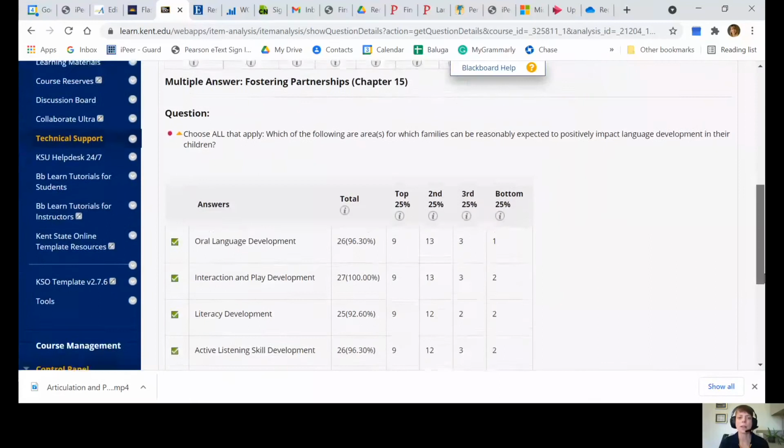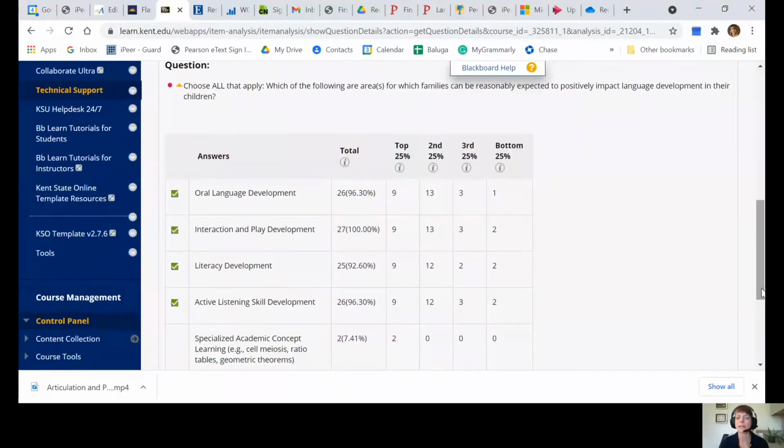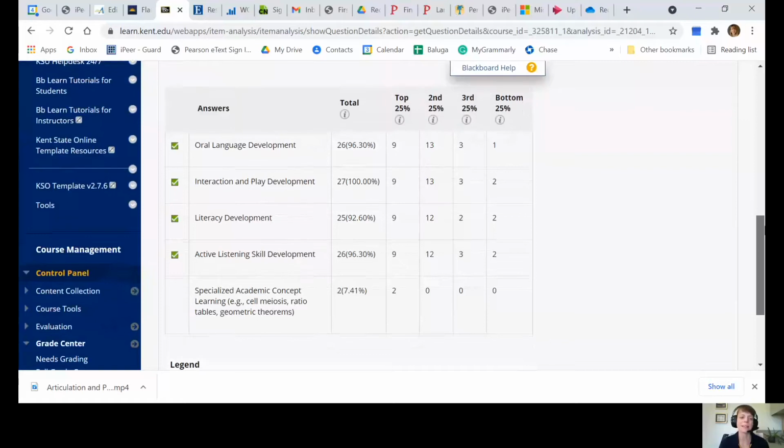Choose all that apply. Which of the following are areas for which families can reasonably be expected to positively impact language development in their children? All except, I didn't feel this is really the parent having to learn the material, especially once you get to middle school and above.